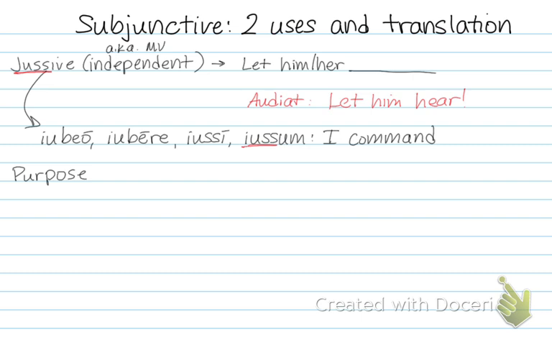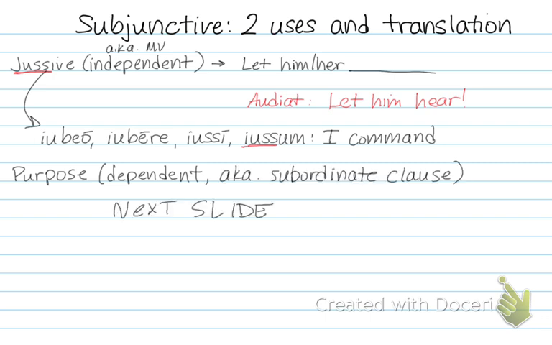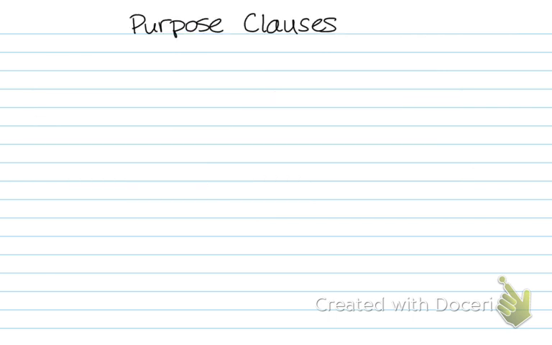Purpose clause is the first of many subordinate uses of the subjunctive we're going to learn. So this is a subjunctive used in a dependent clause, otherwise known as a subordinate clause. Let's go to the next slide to see some examples. So, purpose clauses. You have a main verb in the main sentence, which could be any mood, indicative, imperative, or subjunctive, plus the word ut, if you're doing a positive purpose clause, and then a subordinate verb in the subjunctive mood.